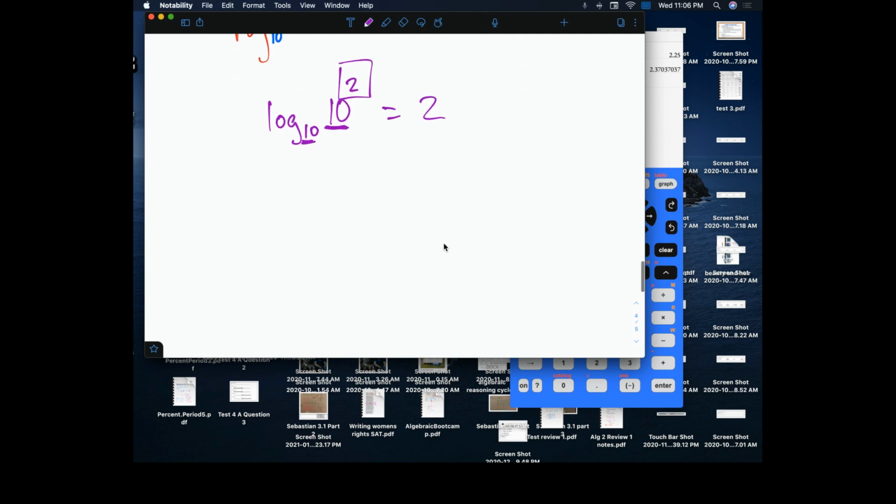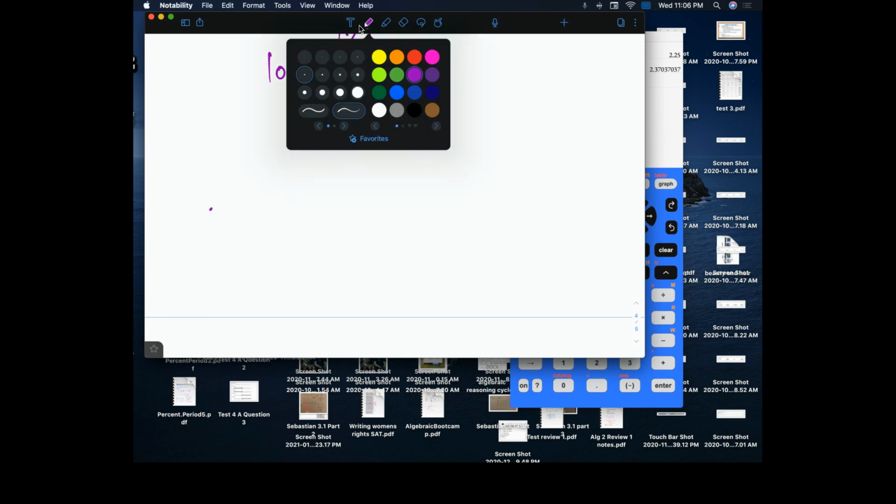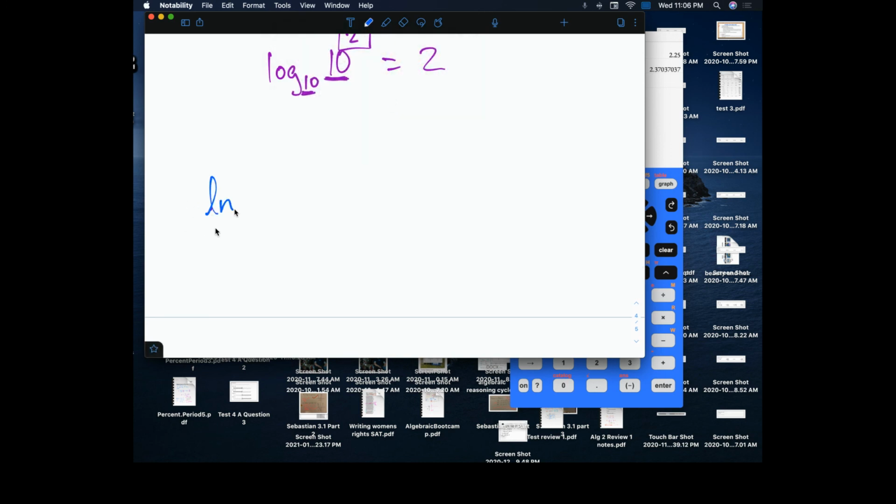Now, sometimes you're also going to see something called the natural log. Okay? The natural log is represented as ln. And so if I give you something that is ln x, all this means is log base e of x.